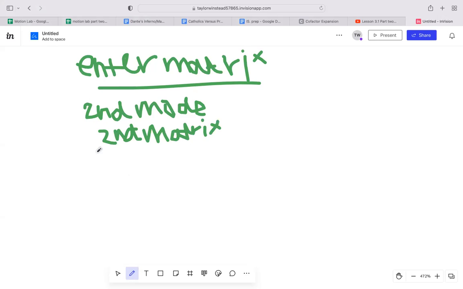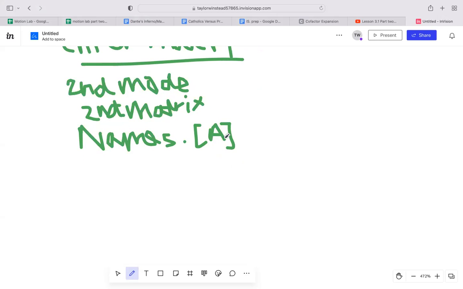Then you go to names. You select a matrix. There will be options that say A, then below that, there'll be B, C, etc. You pick one. You enter in numbers.